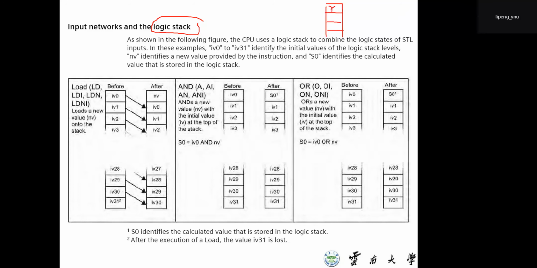This is xe, x1, x2, and x3. If we execute this instruction LD x5, the stack will change to what?